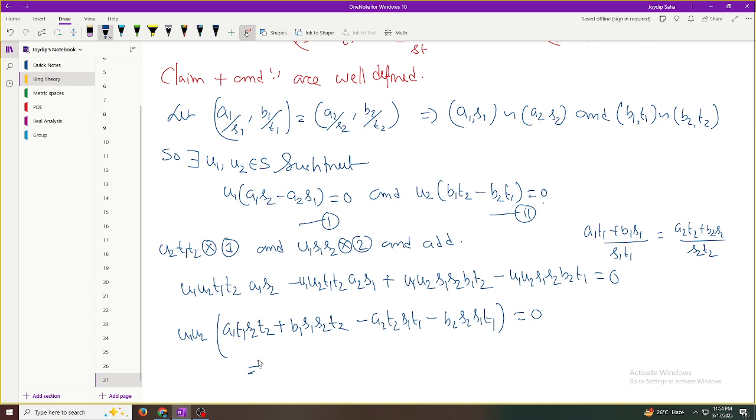So this implies these two fellows are related. This implies the class of a1 t1 plus b1 s1 by s1 t1 is well defined.